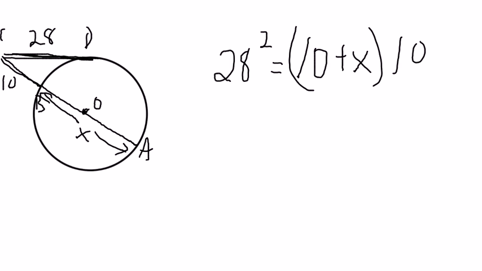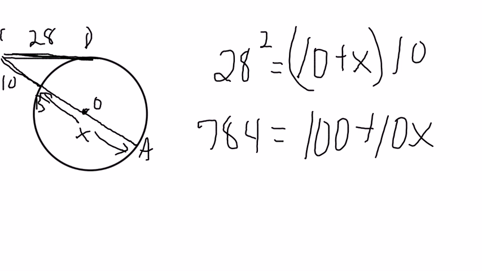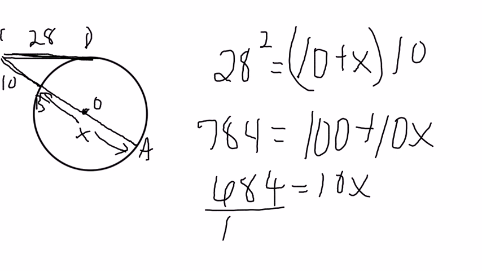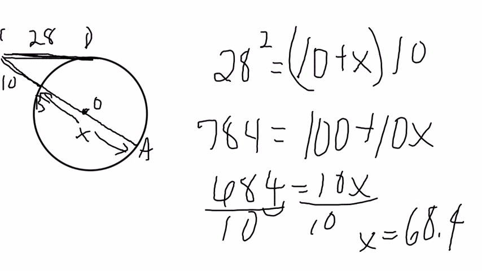So I have to distribute and square 28, so I get 784 equals 100 plus 10x, right? And then I could subtract 100 from both sides, and I get 684 equals 10x, and now it's pretty easy because I could divide both sides by 10, and basically I'm just moving the decimal over, and so I get 68.4, and that's the answer.